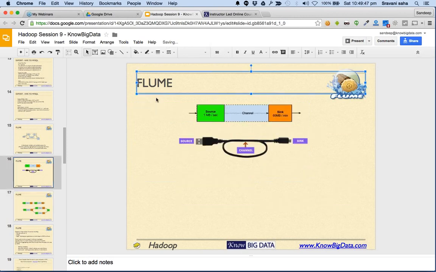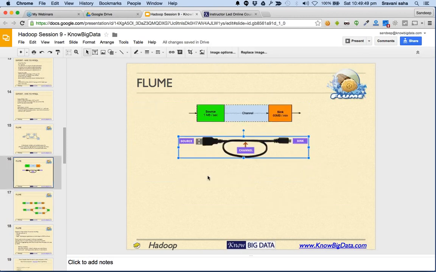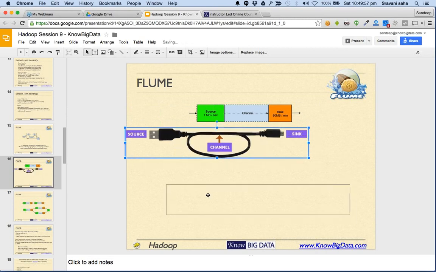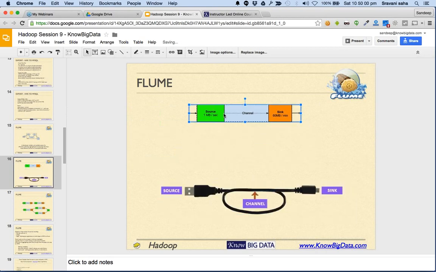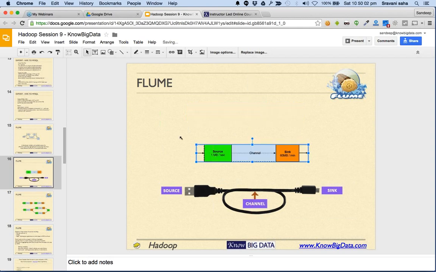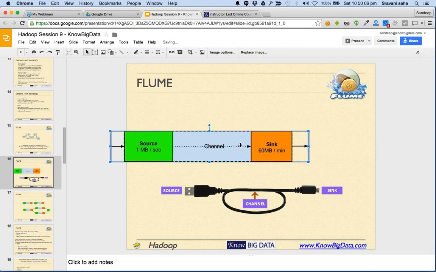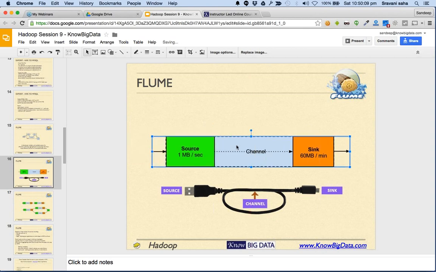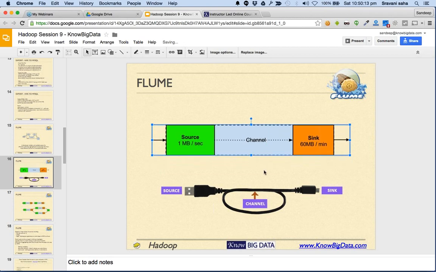So the Flume is made up of these components. I think this will make the architecture really clean and very obvious.